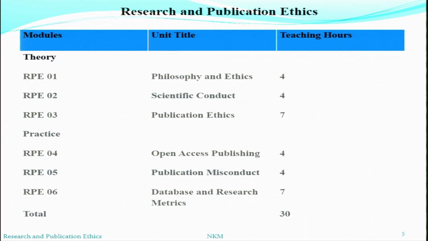In the second module, we will talk about scientific conduct, and in the third module, we will talk about publication ethics. In the practice sessions, we have another 3 units. In the first unit, we will be discussing open access publishing. In the 5th unit, we will be discussing publication misconduct, and in the last, 6th unit, we will talk about databases and research metrics.